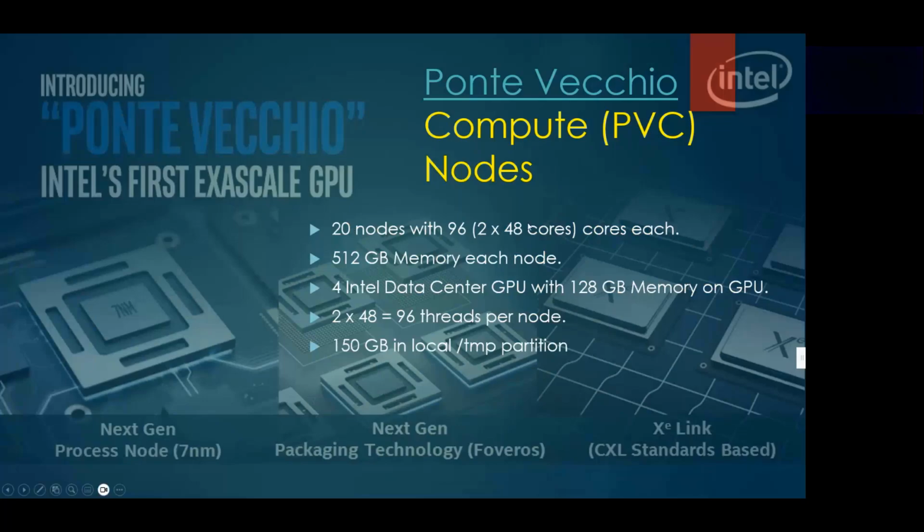But this one has a very unique feature: each computer has 4 data center GPUs. This GPU is an Intel GPU, it's not an NVIDIA GPU. So these 20 nodes have 4 GPUs within each computer.